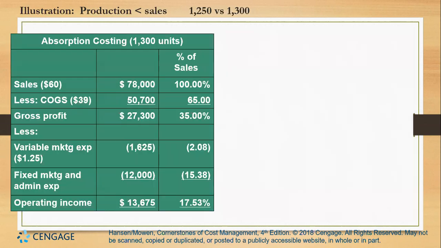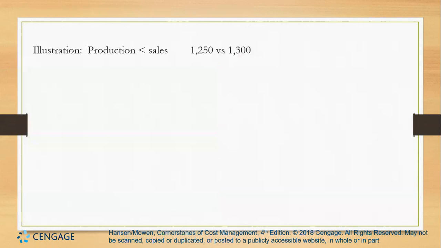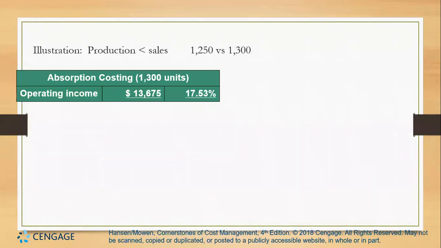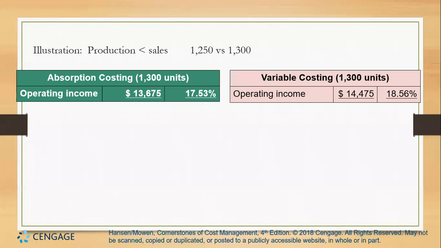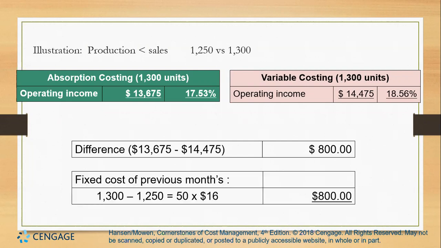Okay, now whereas in absorption costing, we have a lower amount of operating income. Okay, with the corresponding percentages. Since production is less than sales, now we have the difference in net income equal to 800. The variable costing net income is higher. Okay, for the difference. So we have 800 with the fixed cost of the previous months.